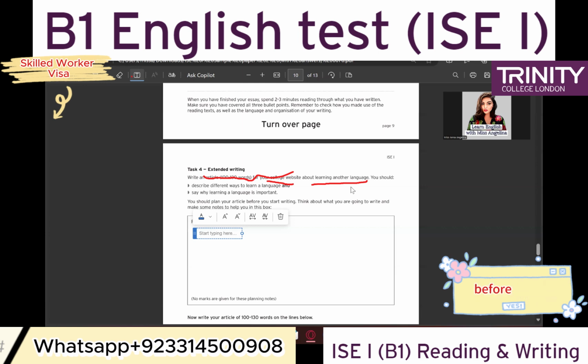That's why I'm saying, before writing, take some points out here so that when you write, it's easy to explain.